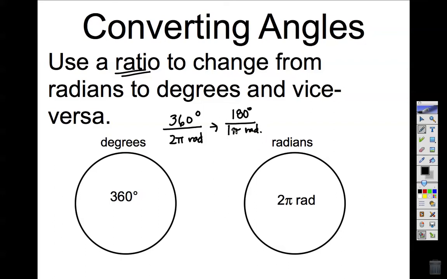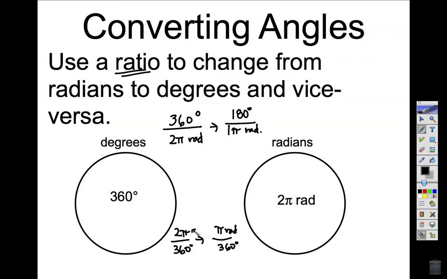This is to convert from radians to degrees, and vice versa. If you're starting off in radians and want to end up in degrees, you're going to start off with 2 pi over 360. If you forget what numbers there are, that's the reason why I provide the full circles. But if you remember the reduced side, we have pi radians over 360 degrees.